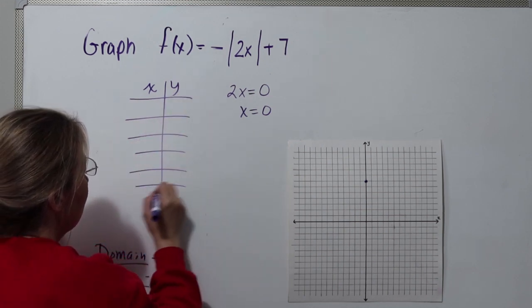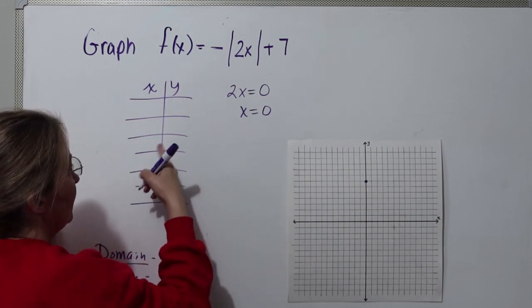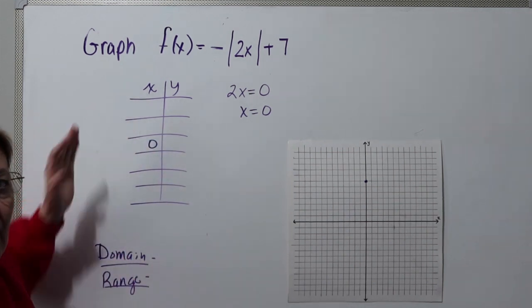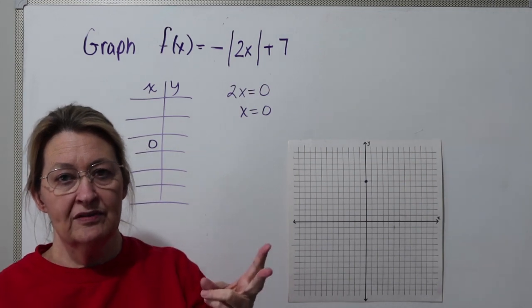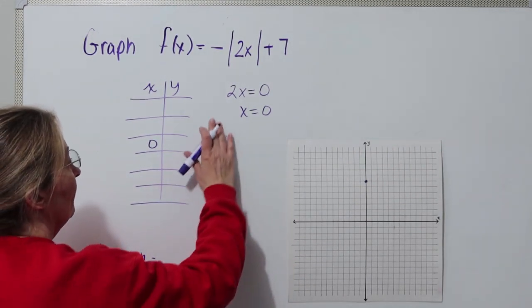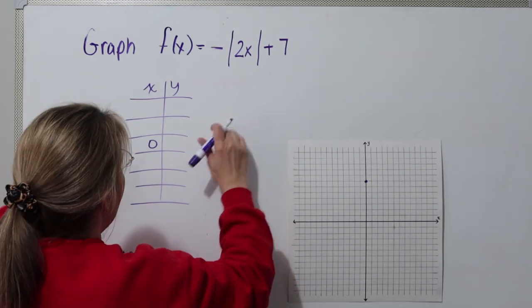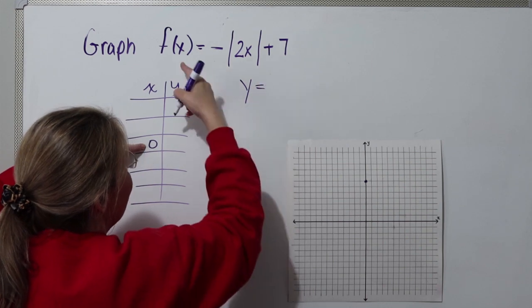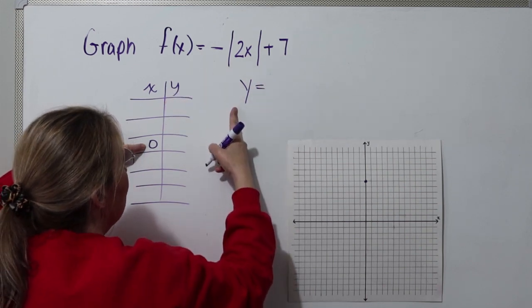And typically when I do these, I put my vertex kind of in the middle. So here's where 0 is going to go. Now every ordered pair has 2 points, an x and a y, and you just found the x. Now let's go find the y. You do that by taking this number back up here to your original equation, and instead of f of x, I'm going to put y.